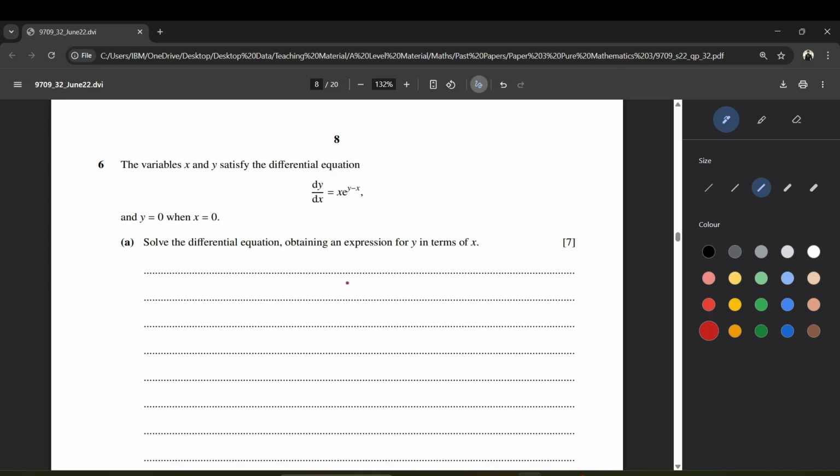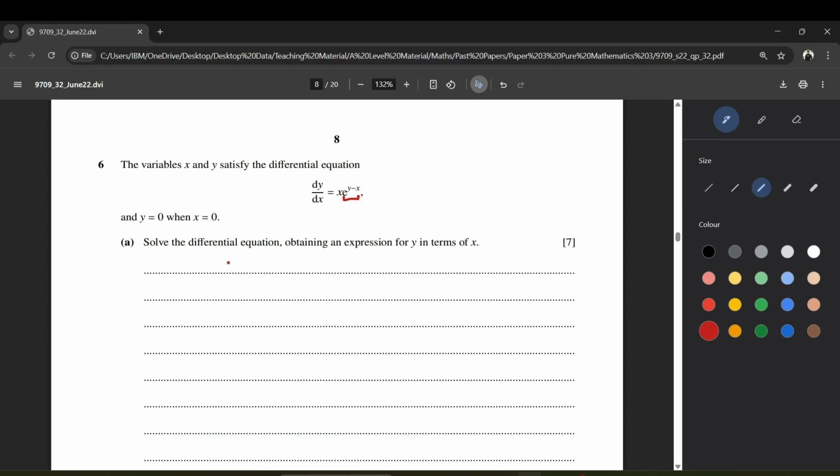All right. So first of all, we need to split this term, because it has e to the power y as well as e to the power x inside. Why do I need to split them up? Because I need to collect the variables of x on one side and the variables of y on the other side.